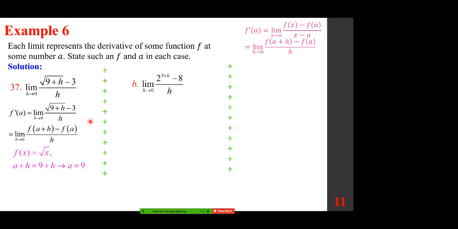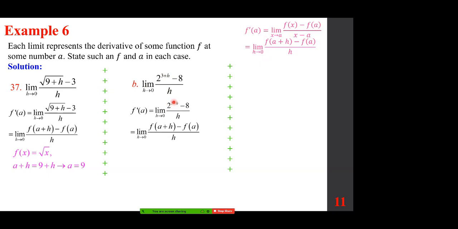Here's the next one. Again, this is f prime of a, and compare it to the same thing. So write this as f prime of a and write the one that pertains. Is it the first one or the second one? It looks like the second one. So this is f of a plus h, okay?